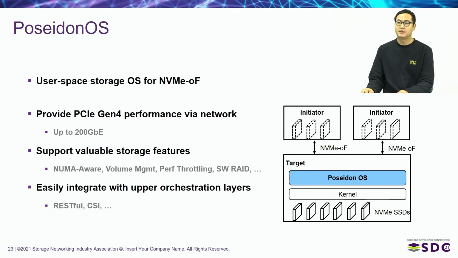It can provide PCIe Gen4 performance with up to 200 GB Ethernet network and support the following valuable storage features for a shared storage system. And the Poseidon system is kind of a storage building block for disaggregation architecture. It provides integration APIs for easily integrating with upper orchestration layers like Ceph or Kubernetes.